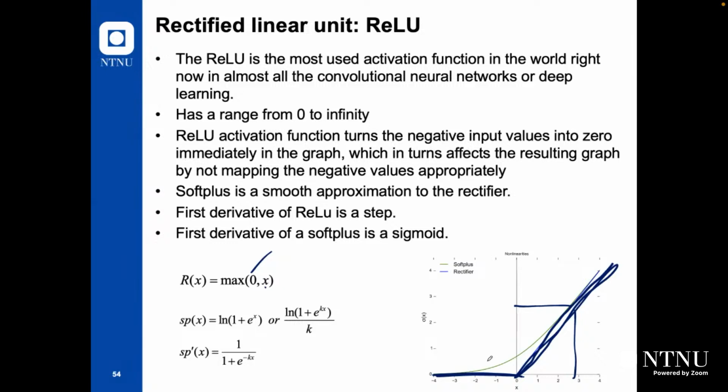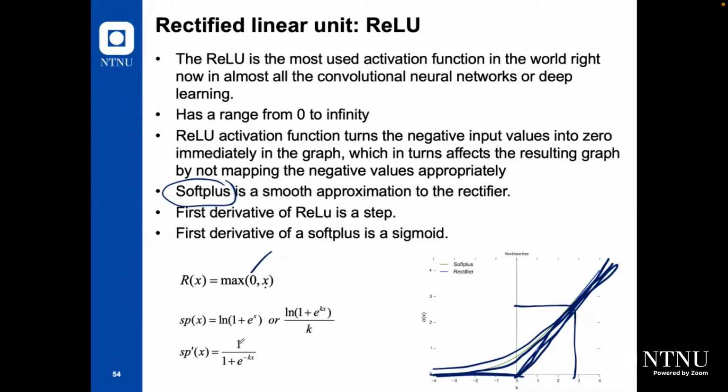And when you differentiate it, it will be a problem. So we need to approximate it using this function, which is called softplus. We need to simplify it using this softplus, because softplus is a smooth approximation to this rectified linear unit, and it's differentiable.